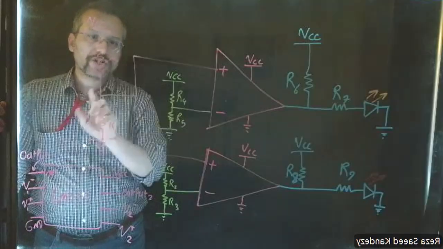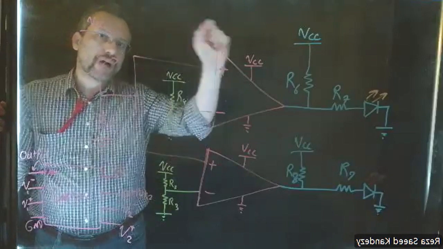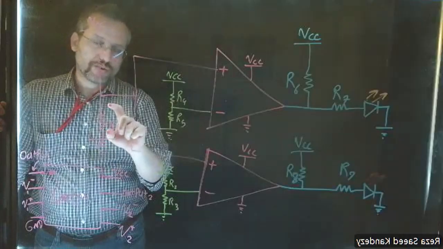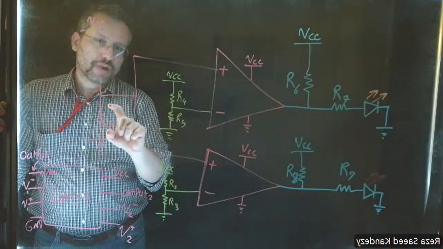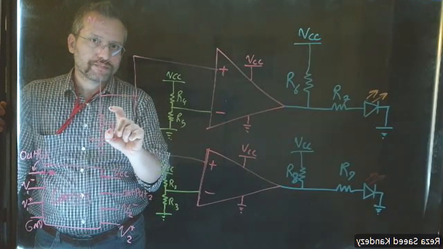So when the thermistor has a higher value, the voltage here would change. If it has a lower value, the voltage here would also change.